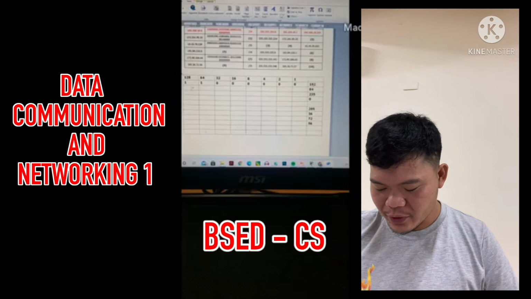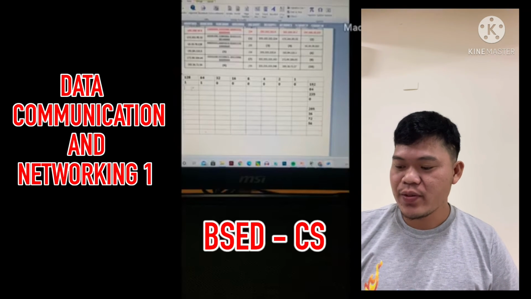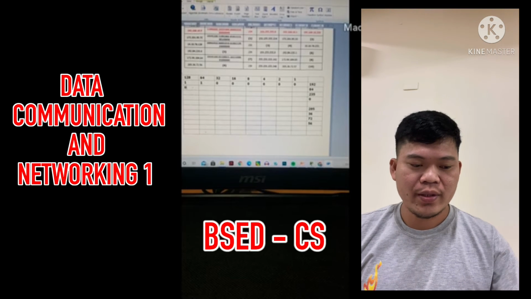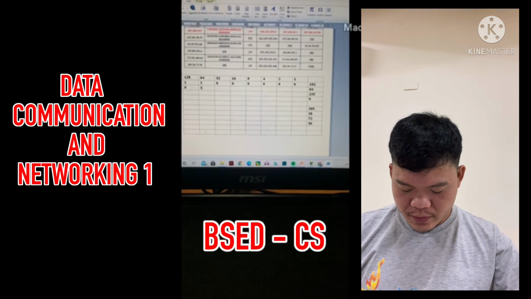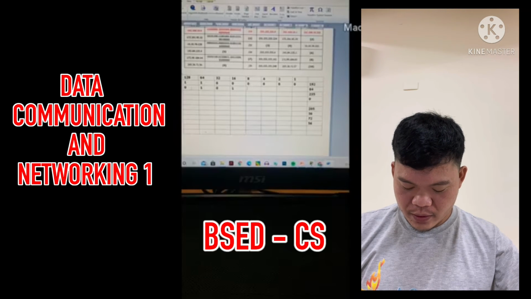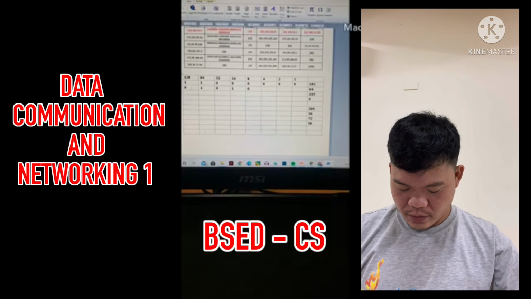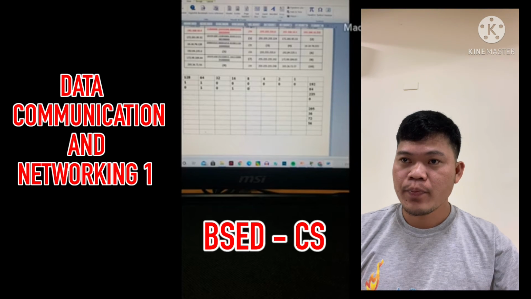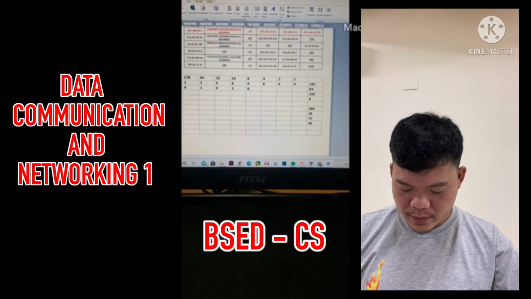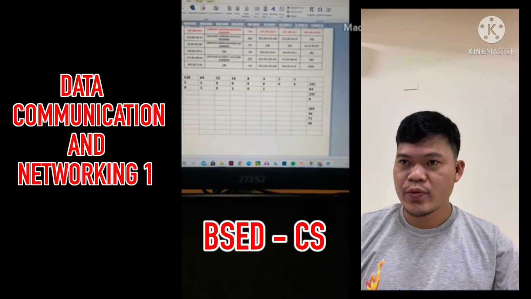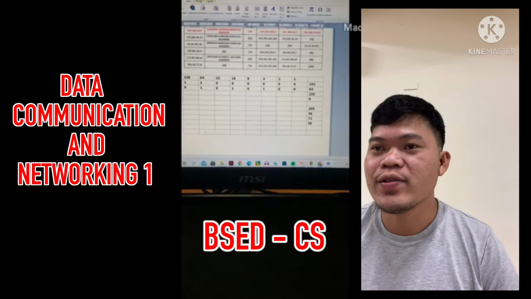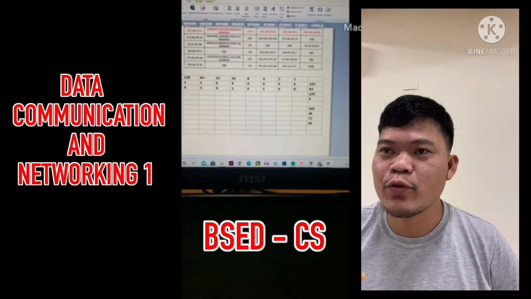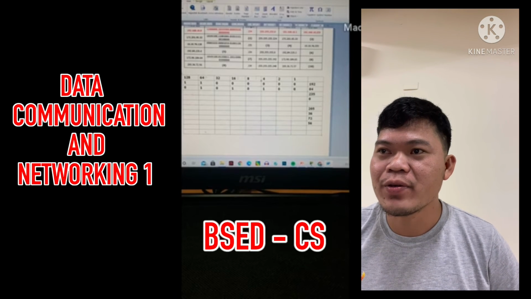Then we have this 84. 84 is 0, 1, 0, 1, 0, 1, 0, 0. If you add 64 plus 16 plus 4, it is equivalent to 84.